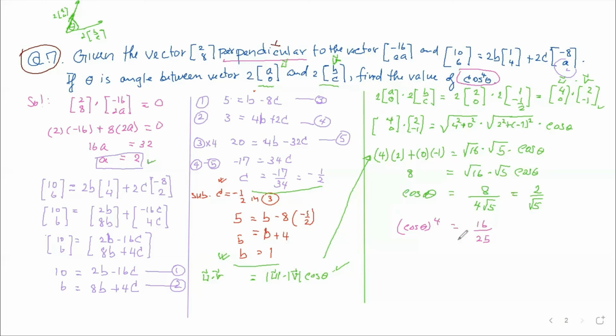So we have now this answer. When you write it down this way, it has the same meaning, so you can write it in this way also. So that's all. This is the answer for question 7.